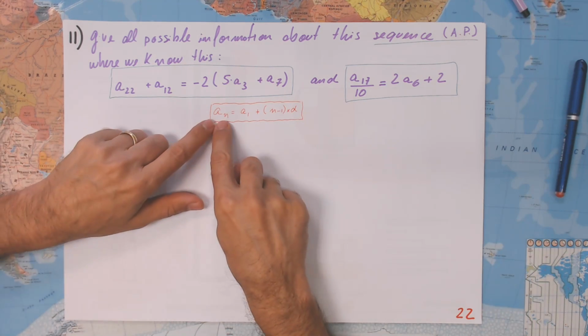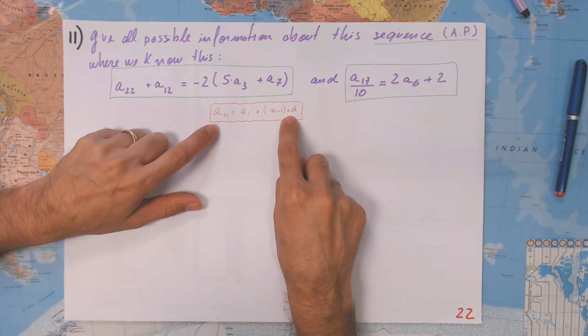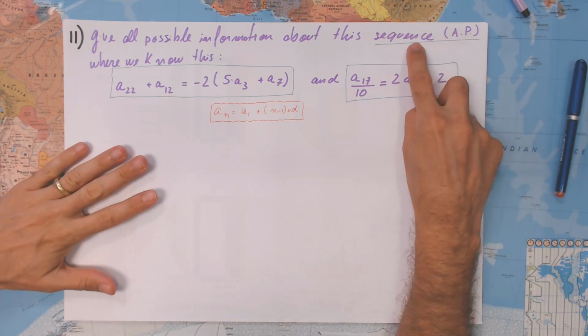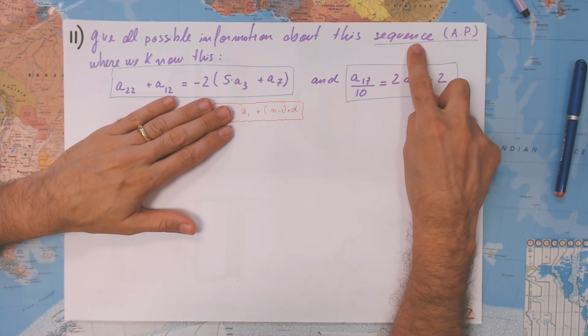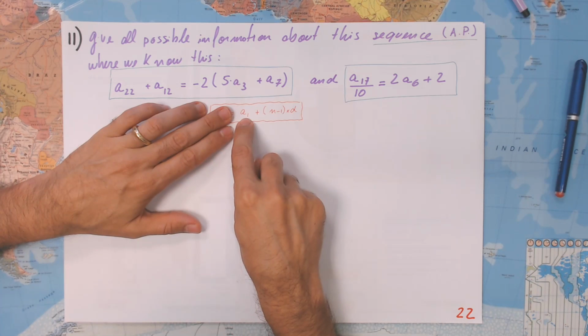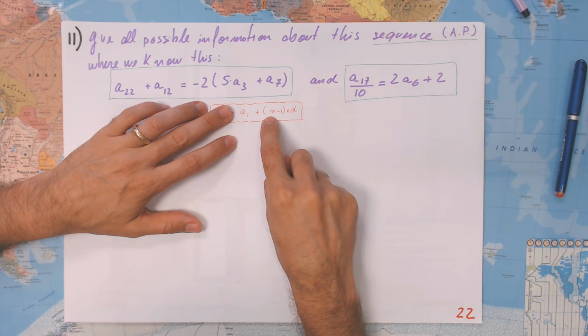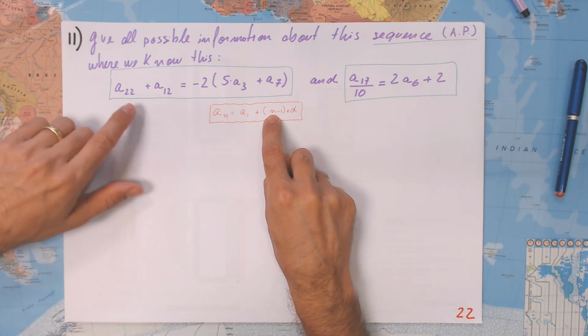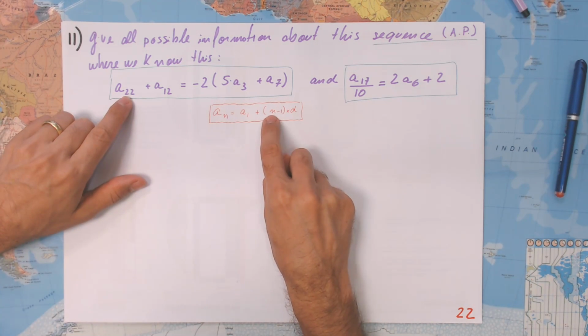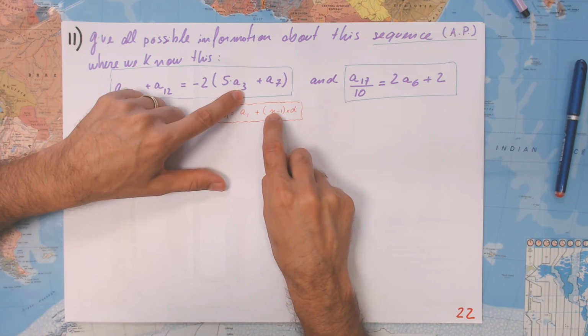With this formula, any term on this sequence we can rewrite in terms of A1 and the common difference, and it is not going to be a variable. Why? Because A22 would be the 22nd, A12 the 12th, A3 the 3rd.